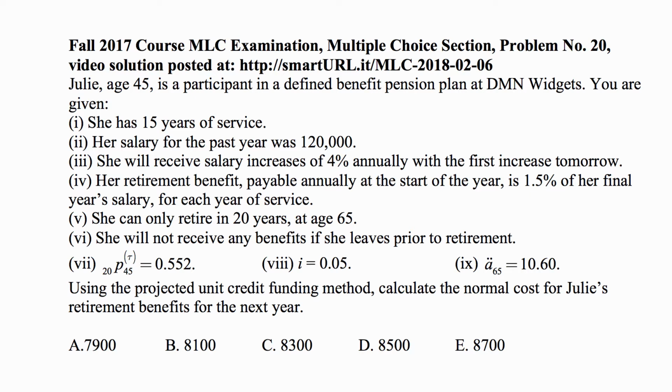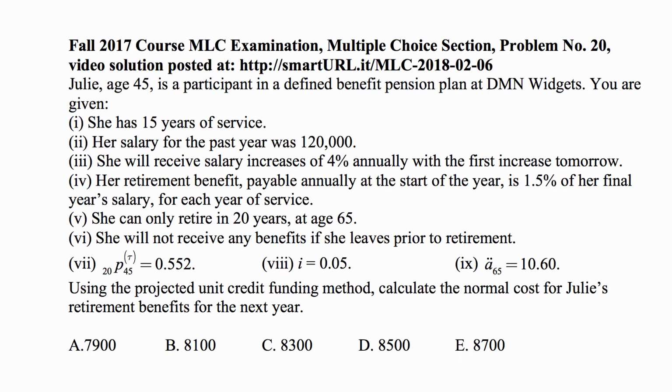She will not receive any benefits if she leaves prior to retirement. The probability of survival from all causes from age 45 to age 65, so over the next 20 years, is 0.552. The valuation interest rate is 5%.